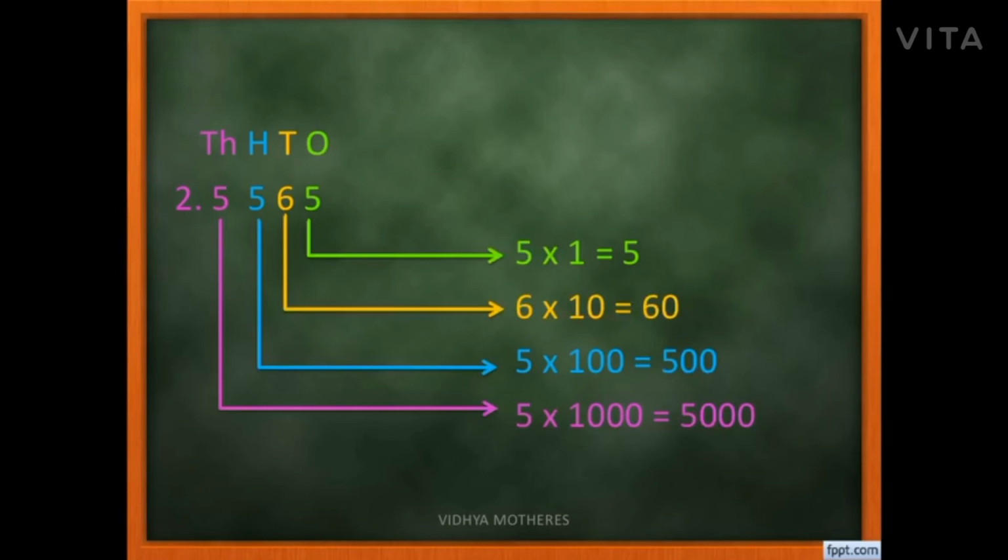But the place value changes depending on the position or the place of the digit in the number. What is the place value for the green 5? It is 5. The place value for the blue 5 is 500. And the place value for the purple 5 is 5000. So depending on the position, the place value changes.